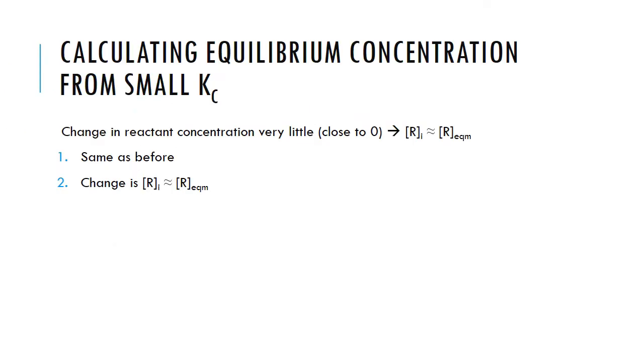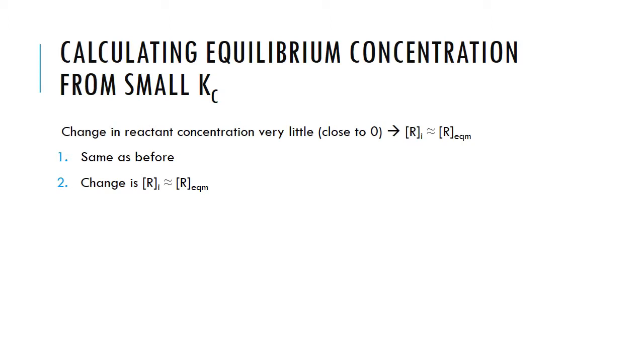Last one is looking at calculating equilibrium concentration from a small Kc value. This is a little bit different, and it is for a reaction that barely gets started. So the change in the concentration is very little. It's close to 0. Therefore, it's most likely not measurable by any instruments we carry.